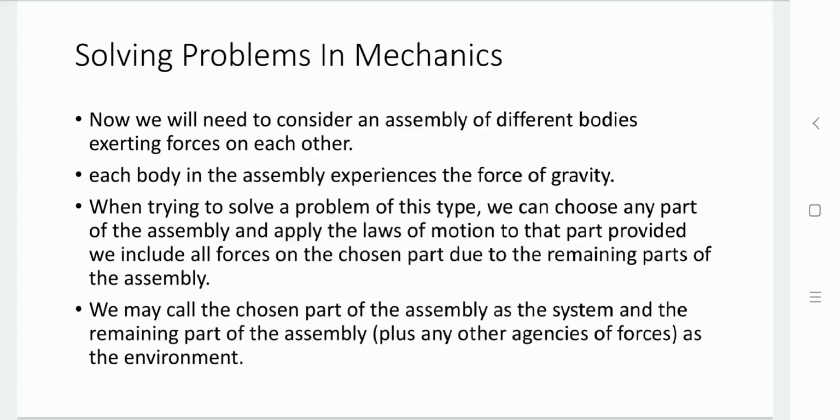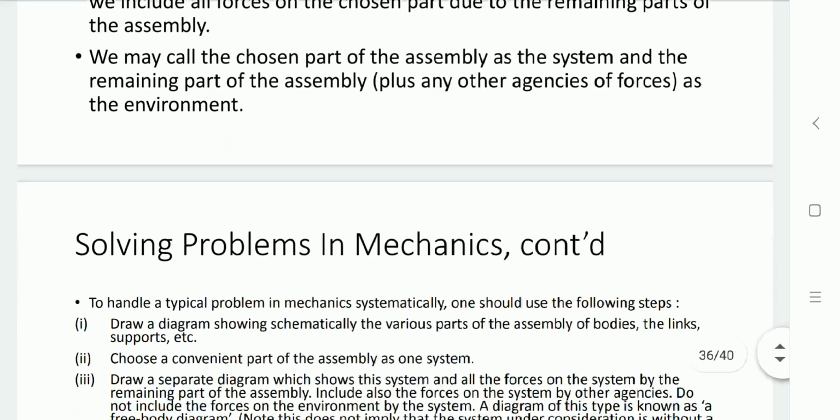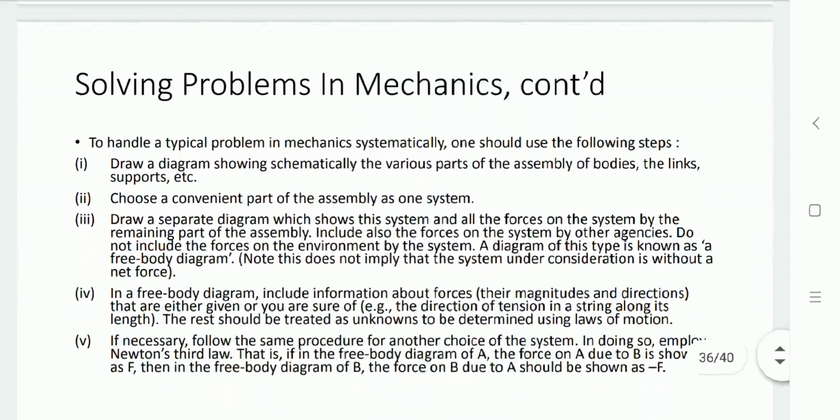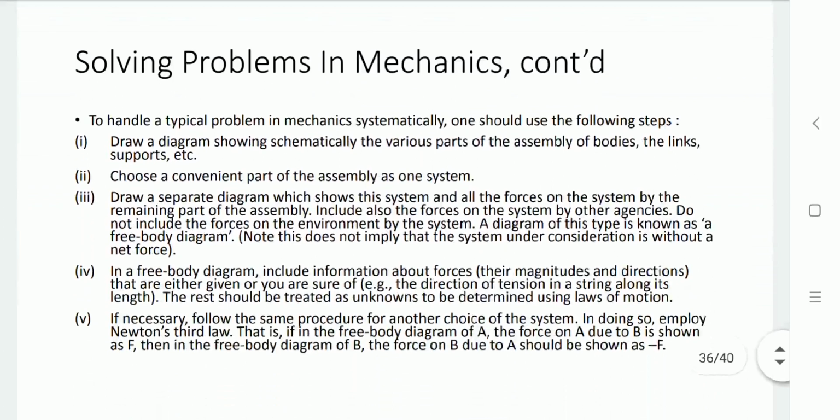While we want to solve any problem in mechanics, we need to follow a systematic method with some steps. The first step is to draw a diagram which shows schematically the various parts of the assembly, the bodies, their links, supports, everything, that is, how many components are assembled in that particular system.